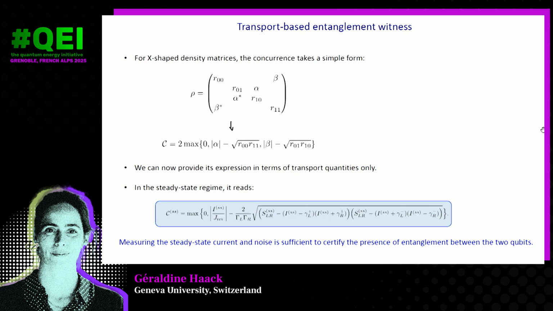Of course, this steady state current involves some particle tunneling in and out, but your system has reached a steady state, so the density operator does not evolve in time. Also, you have particles jumping in and out to get a current. That's why you can still have entanglement in the steady state, and it's not because you have one particle tunneling out that you lose it, that there is nothing in the system to be entangled.